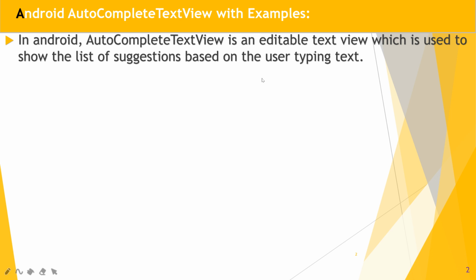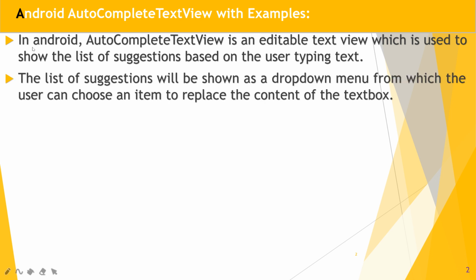That means when the user types their text, whichever list is associated with the autocomplete text view pops up and gives you suggestions, and you can choose the data or string from those suggestions, or you can type your own text in autocomplete text view. The list of suggestions will be shown as a drop down menu from which the user can choose an item to replace the content of the text box.